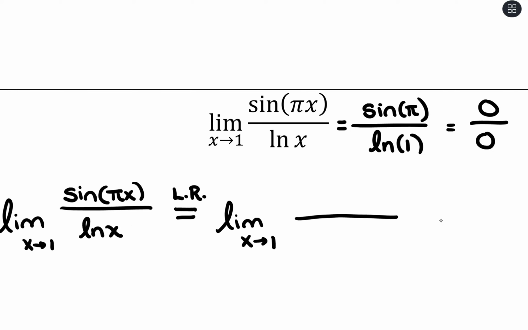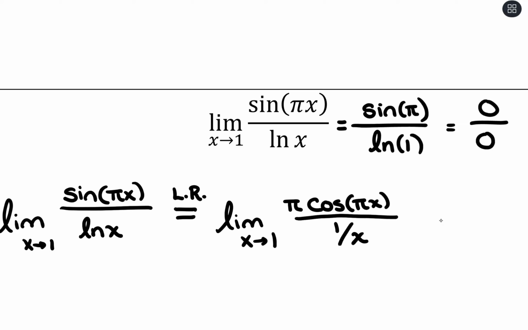Derivative of sine is cosine, so we're going to have cosine of pi times x. And then with our chain rule, we'll also be multiplying by a value of pi, divided by the derivative of natural log, which is 1 over x.